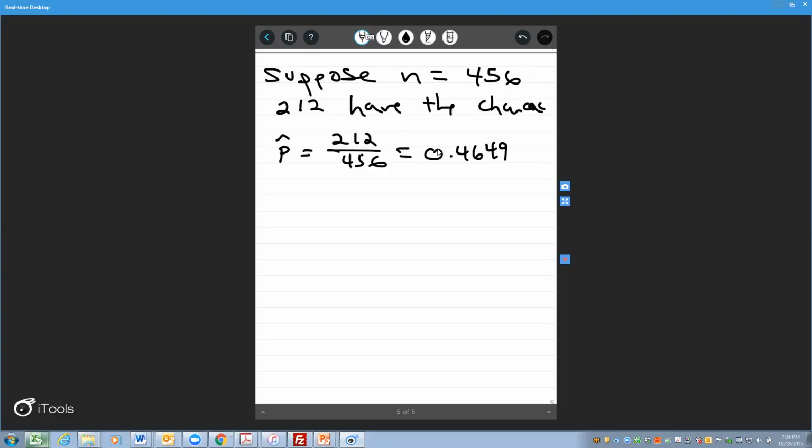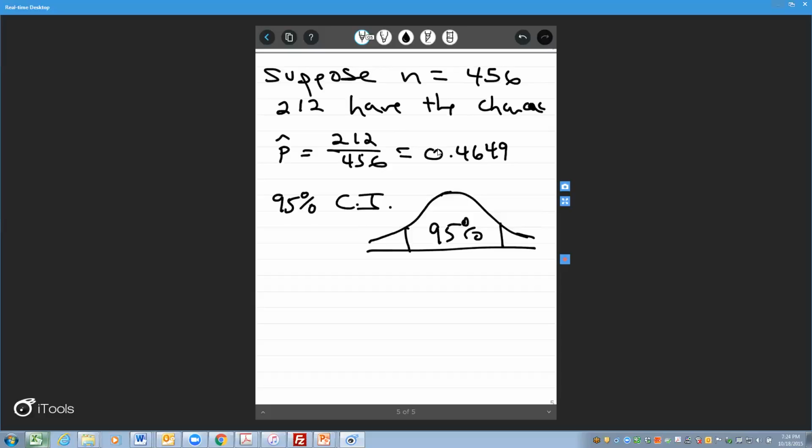Now let's say we wanted to do a 95% confidence interval. Again, remember that we're looking at a normal distribution and we want the middle 95%. That's going to leave 2.5% in each end.